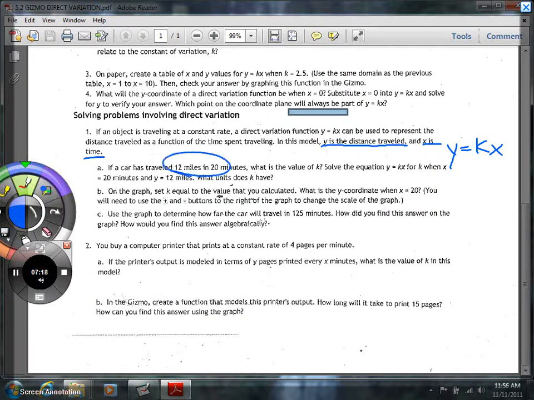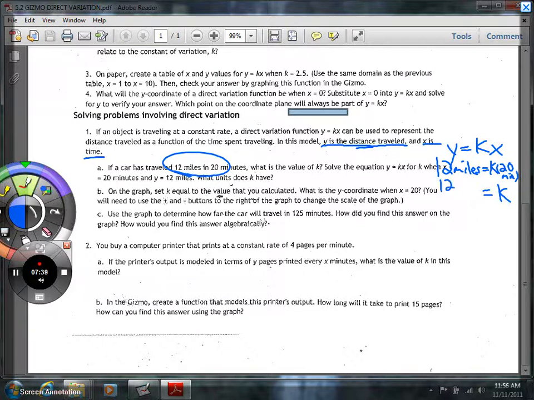We plug in what they give us. They tell us 12 miles, and that's distance. So we plug in 12 for y, and we don't know the k. The x, they tell us, is the minutes, so that's 20 minutes. And then we solve for k.